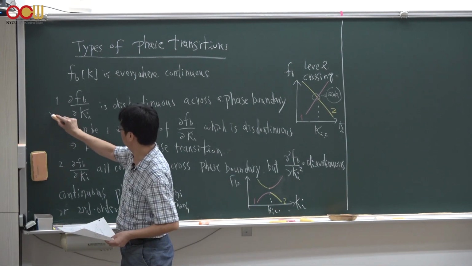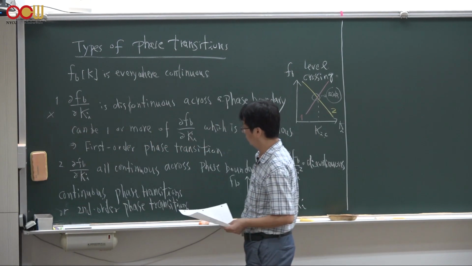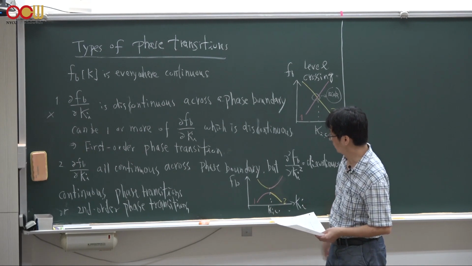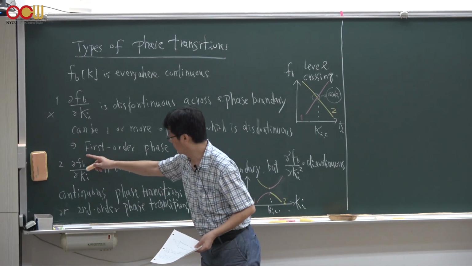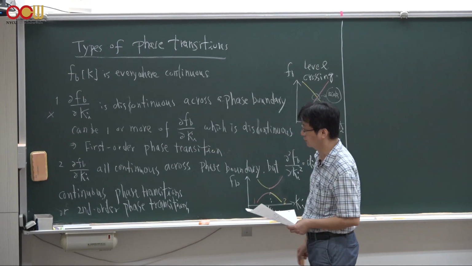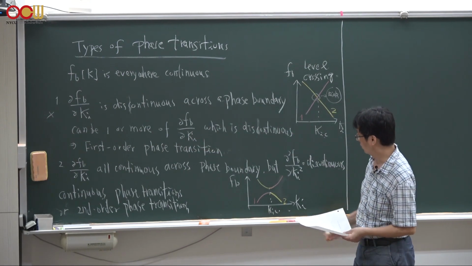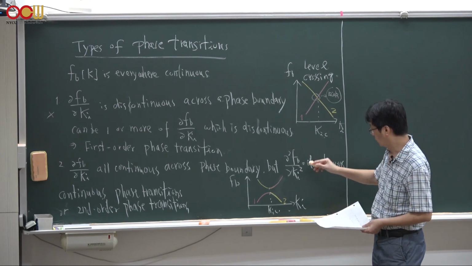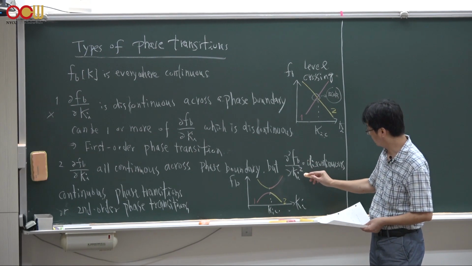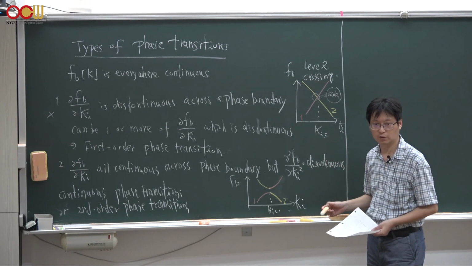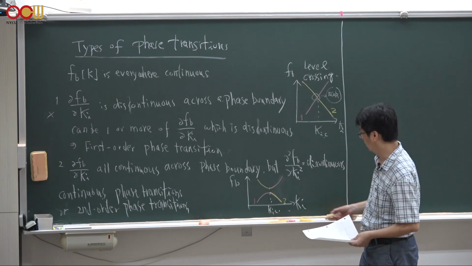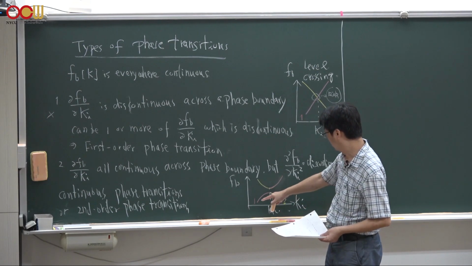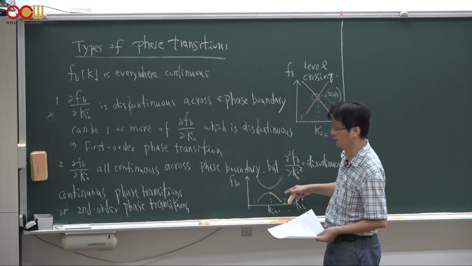So we will not focus on this first order transition in this class, but we will focus more on the continuous phase transition, where the first order derivatives of the free energy density with respect to the coupling constant are all continuous across the phase boundary, but in many cases it is the second order derivative of the free energy density with respect to the coupling constant which shows a jump or a discontinuity, as illustrated in this plot here, where the free energy density versus coupling constant shows an avoided level crossing.